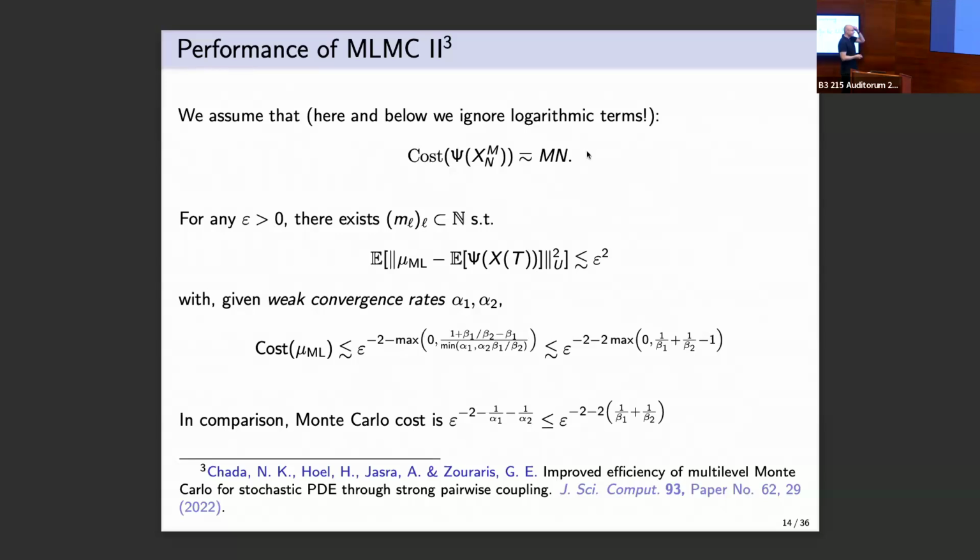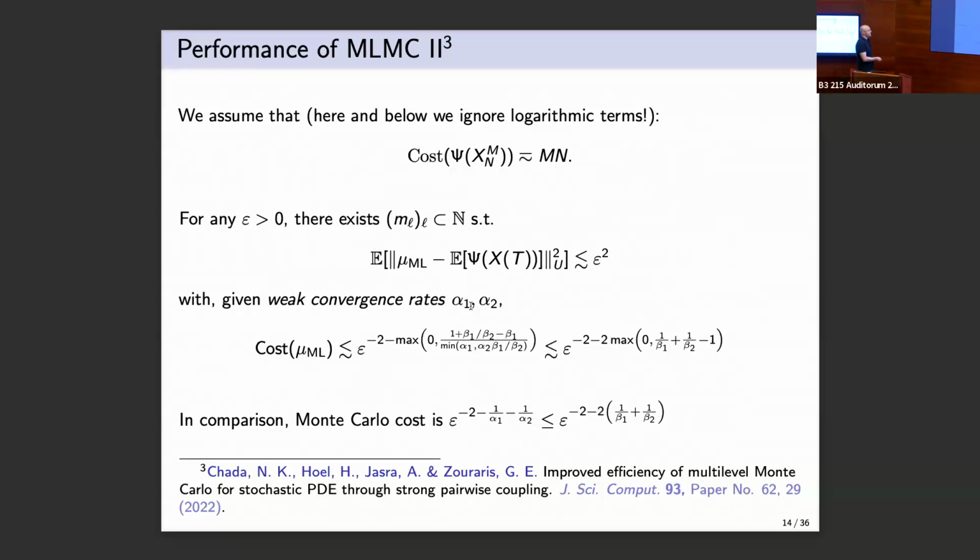Well, if I have this, then given the assumptions on the two previous slides, I can actually find sample numbers on the different levels such that my approximation is going to reach the goal, mean square error epsilon squared, that I sought at the cost which is given here.